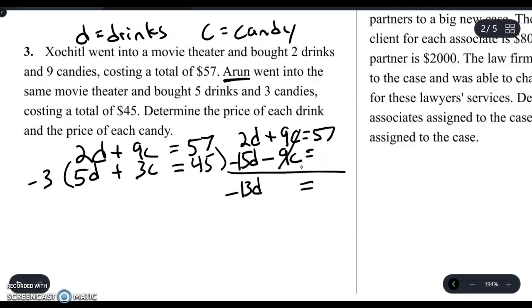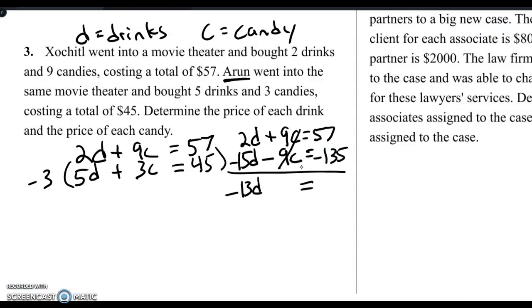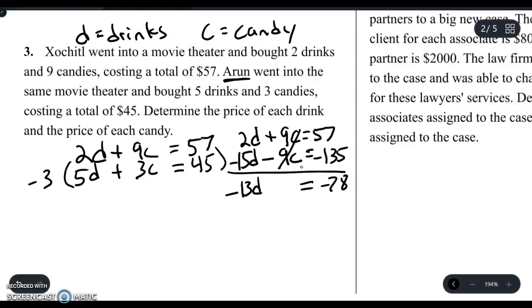Let me fix this. -135. My bad. So that's going to leave me with -78. Now I'm going to divide by -13, and D is equal to 6.